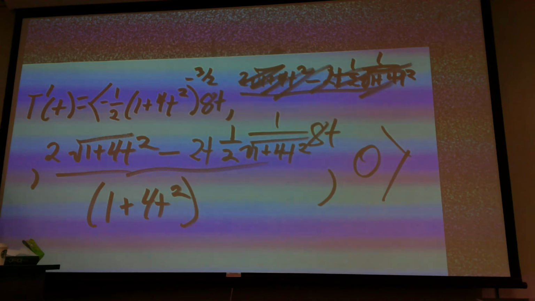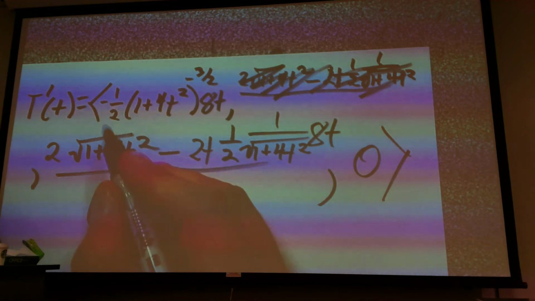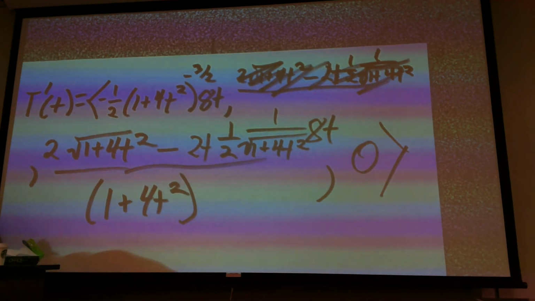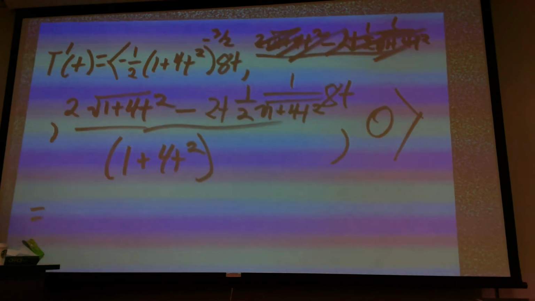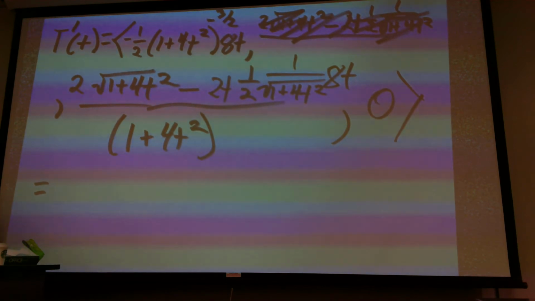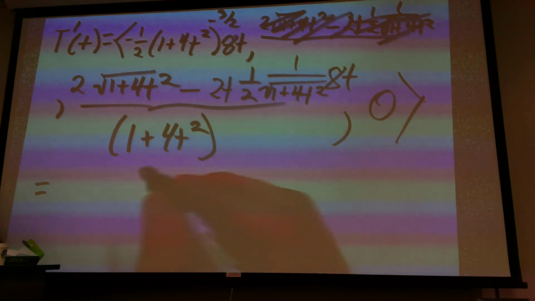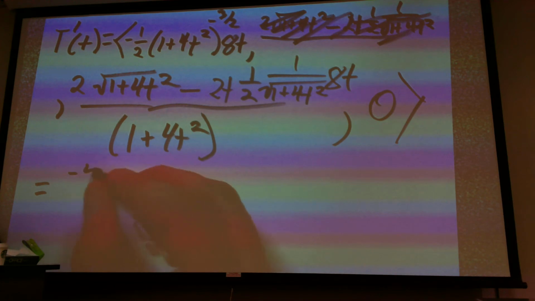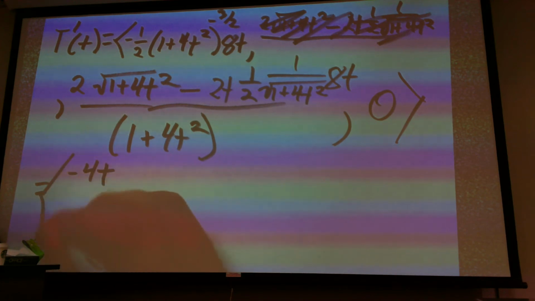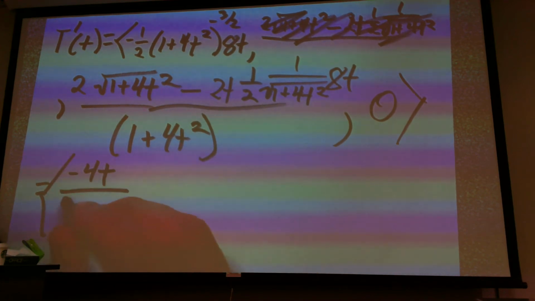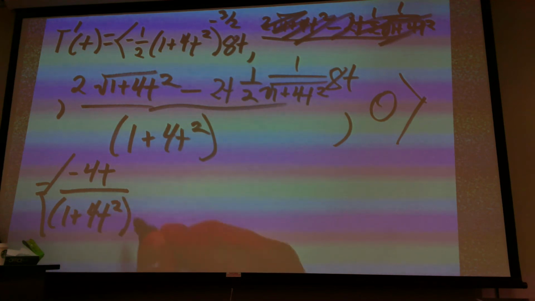So if I want to simplify this further, negative 1/2 and 8t would equal, 8 divided by 2, that's going to be negative 4t divided by 1 plus 4t squared to the power of 3 over 2.